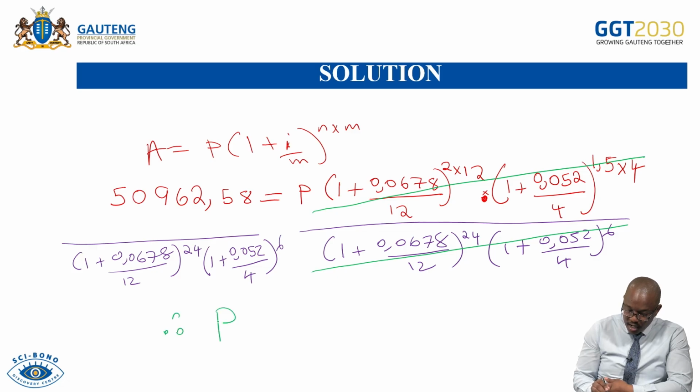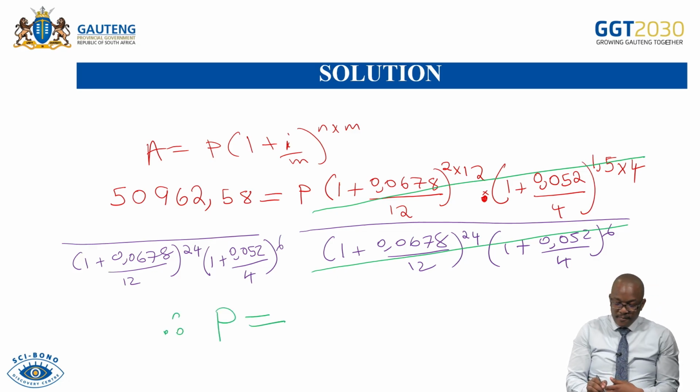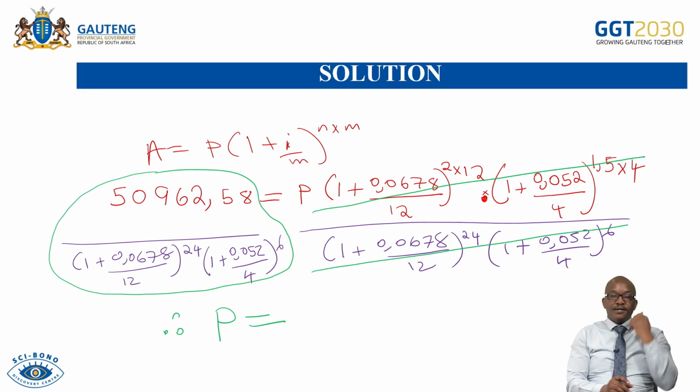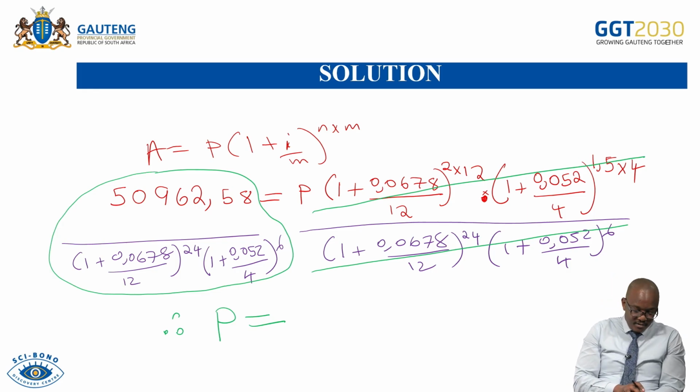Therefore, now your P will be, you just take your calculator and punch everything that you see there.